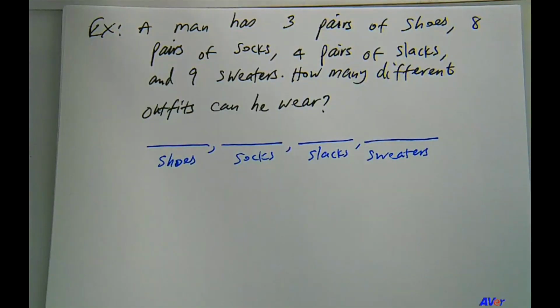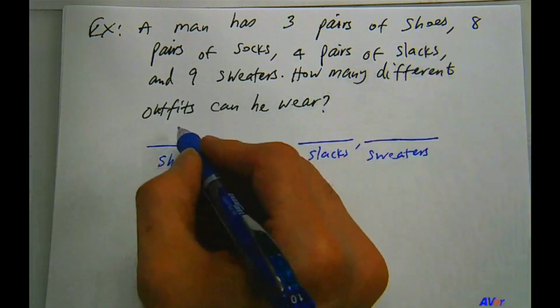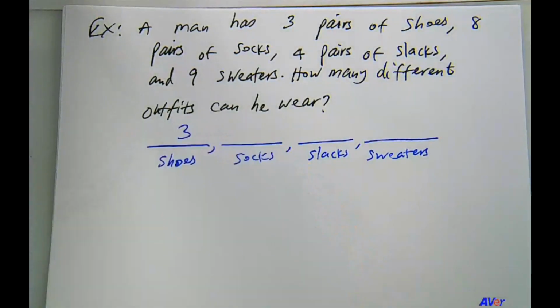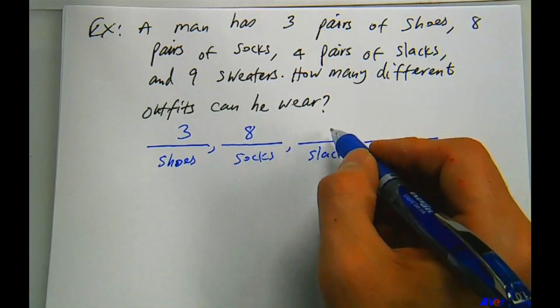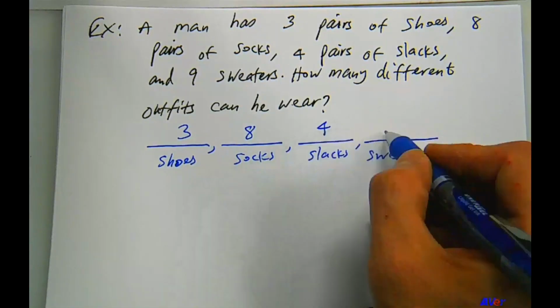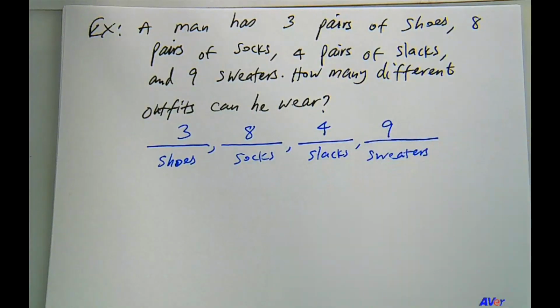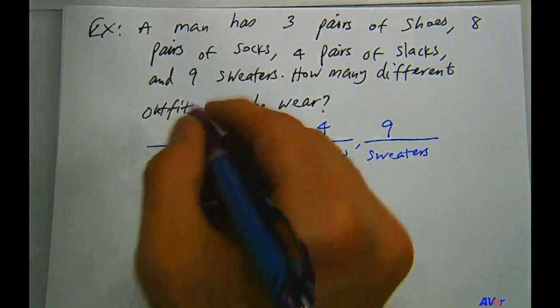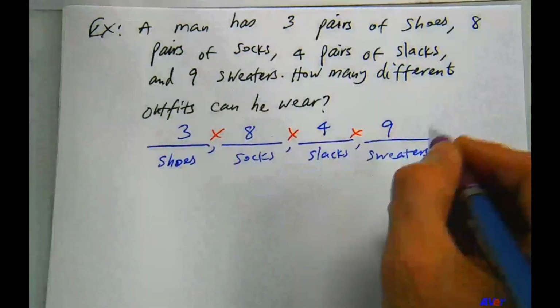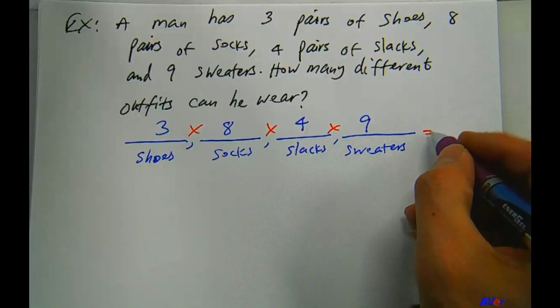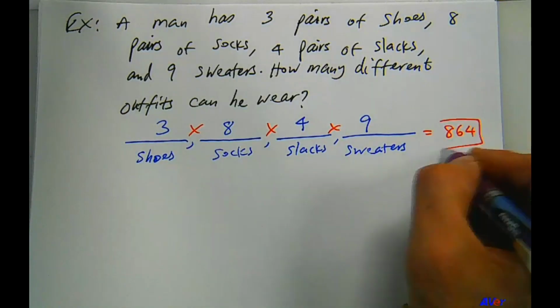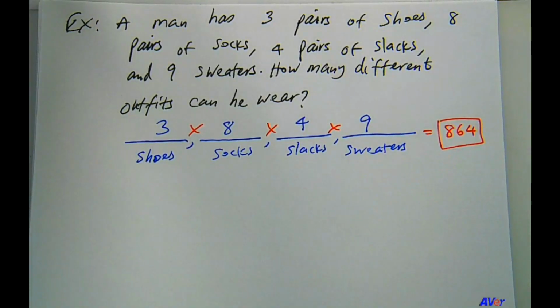This guy has 3 pairs of shoes to choose from, and 8 pairs of socks, and 4 pairs of slacks, and 9 sweaters. So by the multiplication principle, we can multiply all of this, and the answer is there are a total of 864 possible ways of dressing up using these clothing articles.